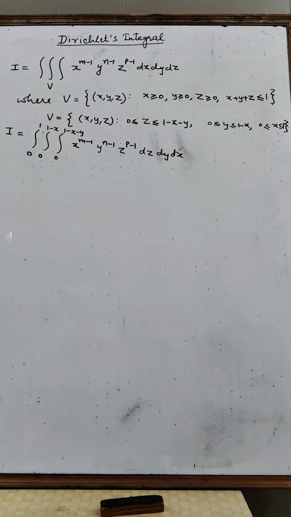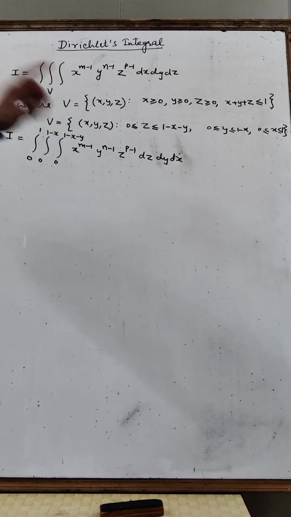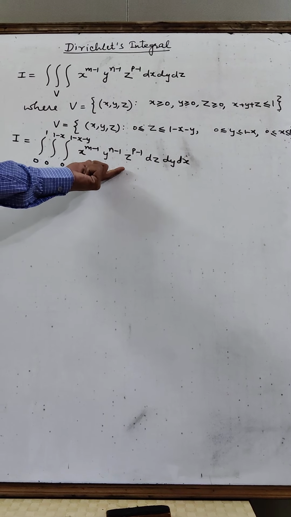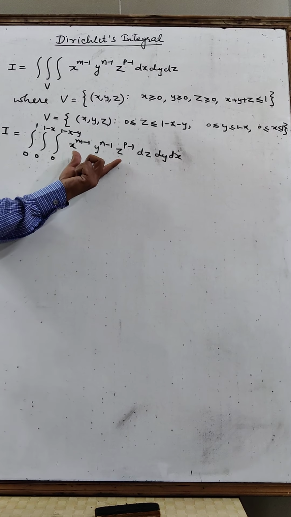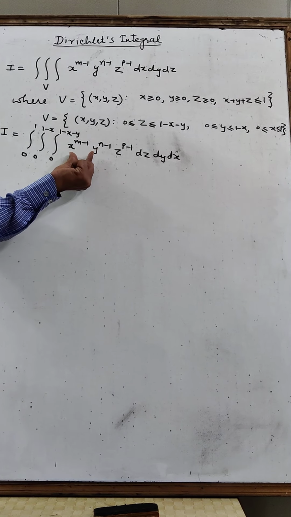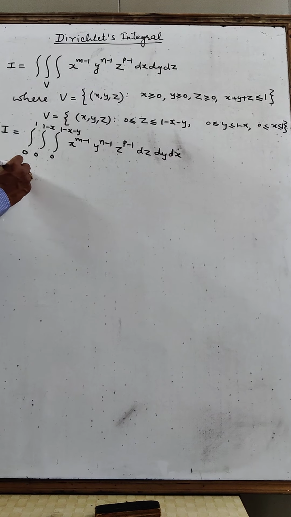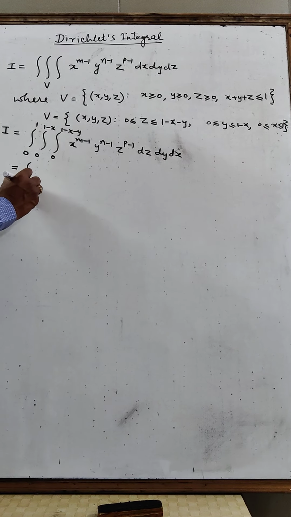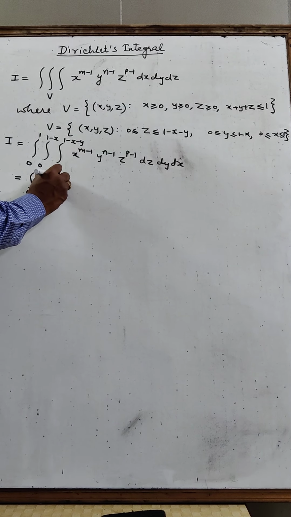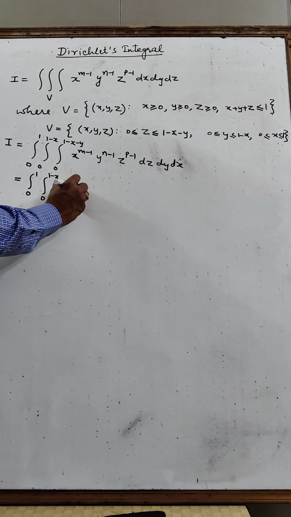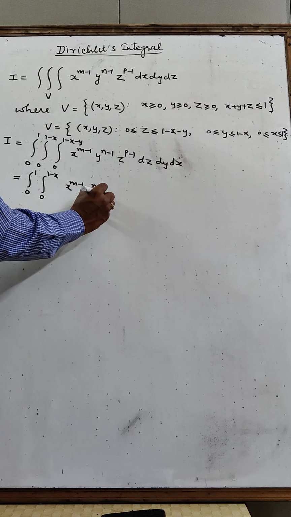As the limits of z are functions of x and y, we integrate with respect to z, and when we integrate with respect to z, x and y remain constant. So this integration would be equal to the integral from 0 to 1, 0 to 1 minus x, of x raised to the power m minus 1, y raised to the power n minus 1.